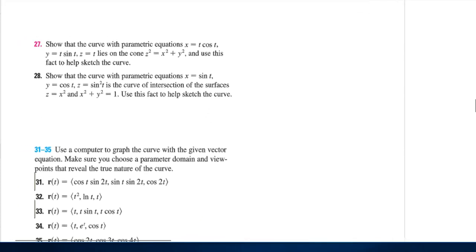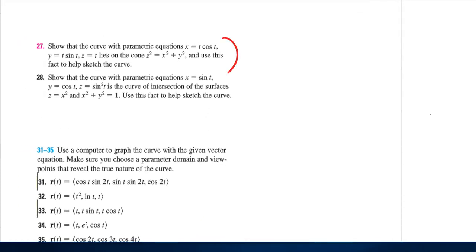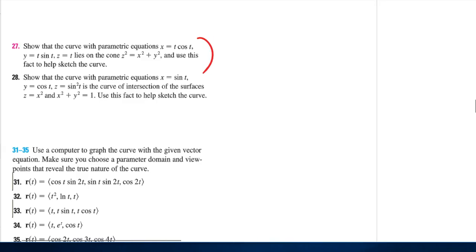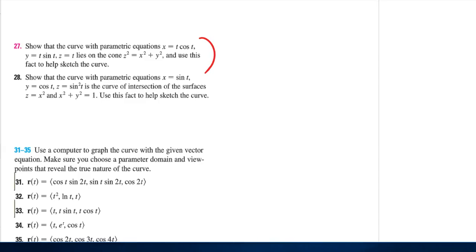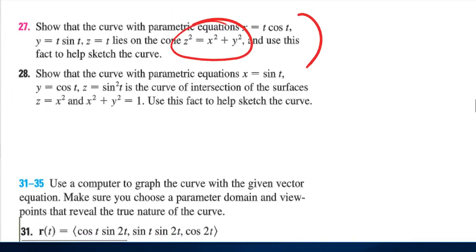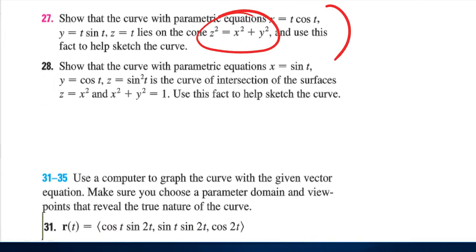All right, so here's a good problem that you probably see on a test. It says, show that the curve of parametric equations lies on the cone, and use this fact to help sketch the curve. Well, if these equations lie on the cone, then when you plug them in, it better work.